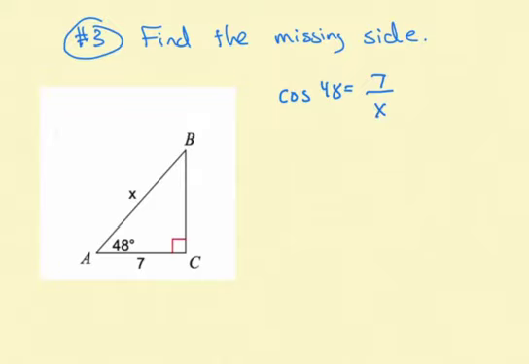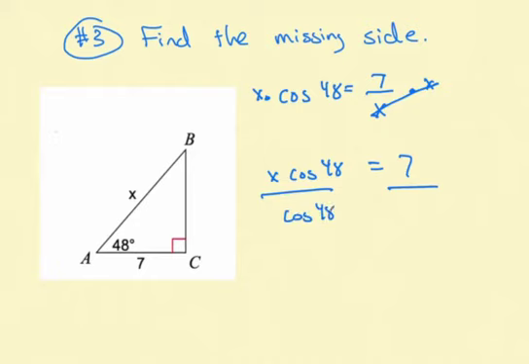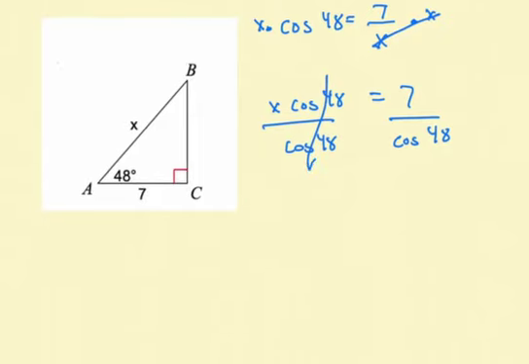Okay, so what I'm going to do to solve for x, I'm going to essentially multiply by x on both sides of my equation. So that's going to cancel out. I'll have x times the cosine of 48 equals 7. So now if I divide by the cosine of 48 on both sides, I'll have x isolated.